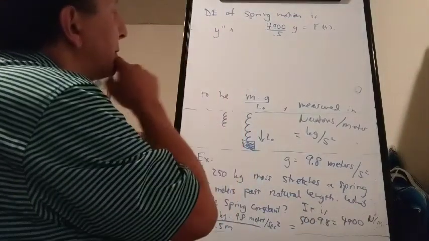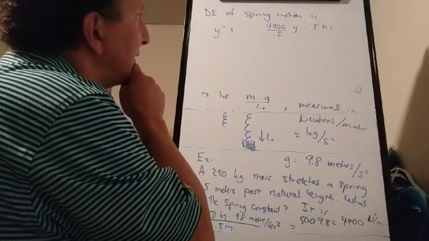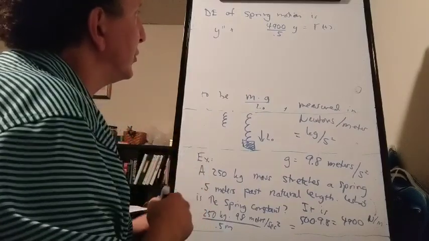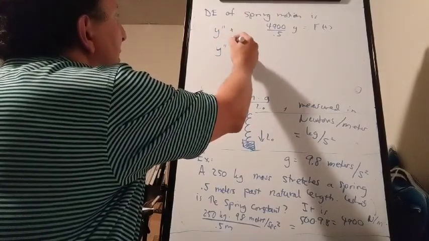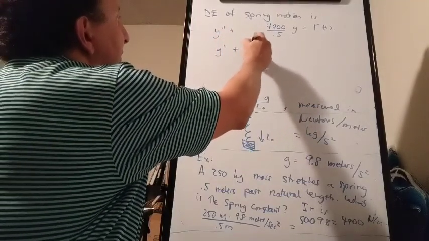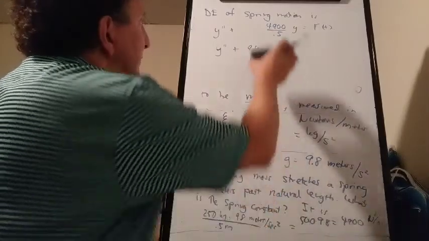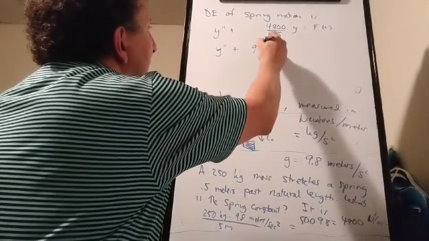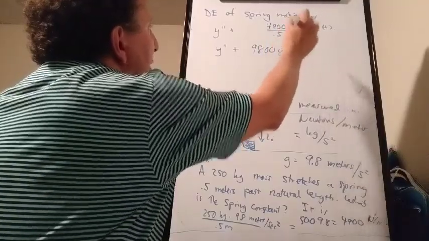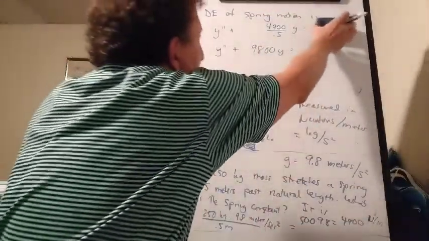So again, dividing by 0.5 is the same as multiplying by 2. So we have y double prime plus 9,800 y equals, and let the forcing function be 0.